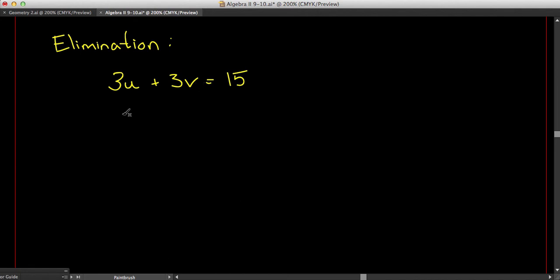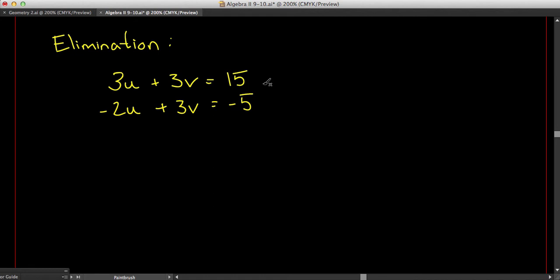And then our second equation is negative 2u plus 3v is equal to negative 5. Okay, so here we have our system of equations, and we're trying to figure out where these two equations actually intersect.